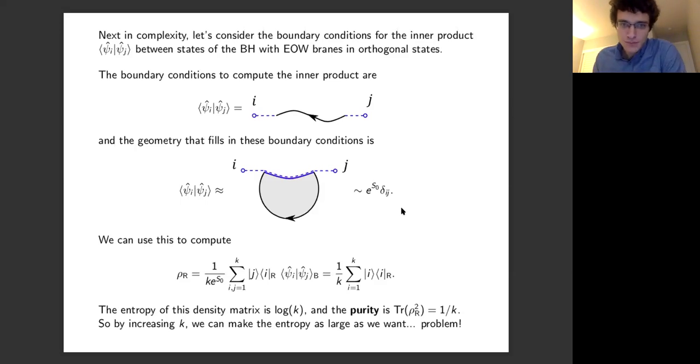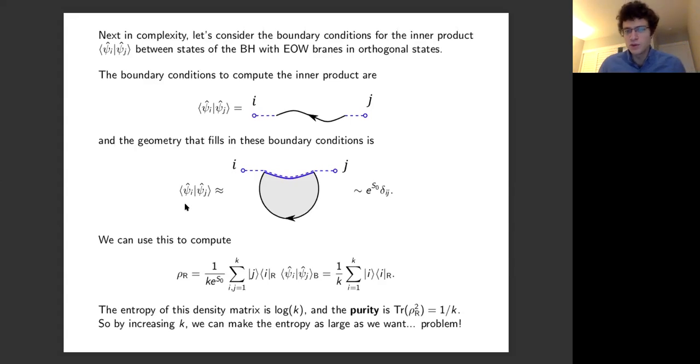But so far, forget what I just said, and we'll come back to it. For now, let's just say that the geometry that computes this inner product is this one, and it's proportional to delta ij. So we find that these states are orthogonal. Now, we can use this information to do the computation that we wanted to do.